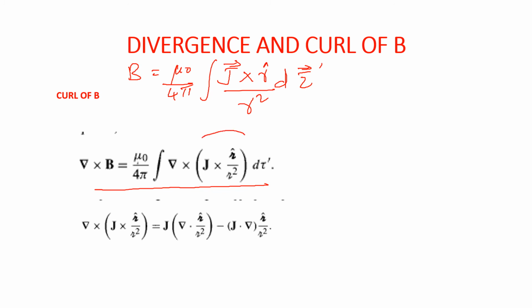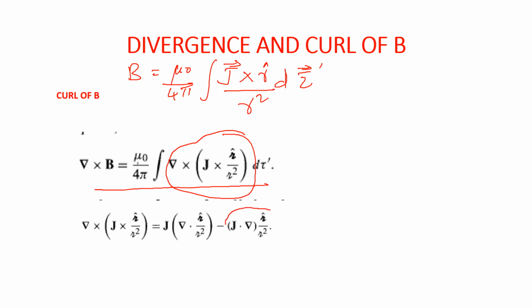Then taking the term inside the integral and applying the product rule, it is del cross the cross product of two vectors. That gives first vector times del dot second vector minus J dot del times the second vector.